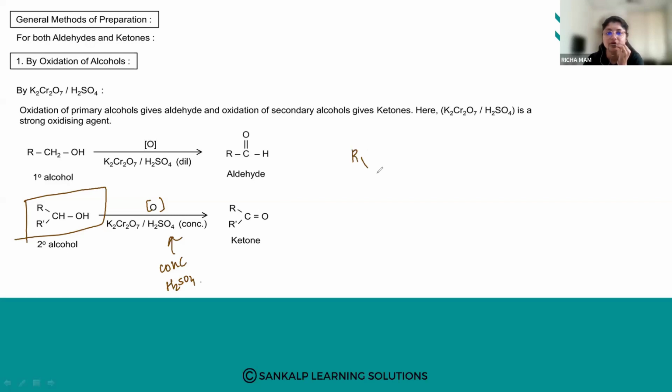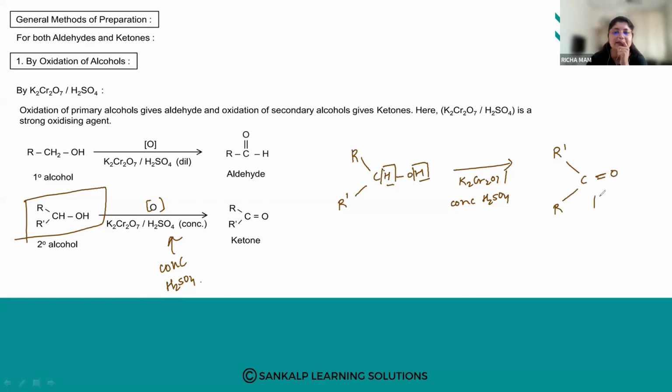Take R'CHOHR, treat it with K2Cr2O7 and concentrated H2SO4, and remove the hydrogens, and we get R'COR. This is a ketone.